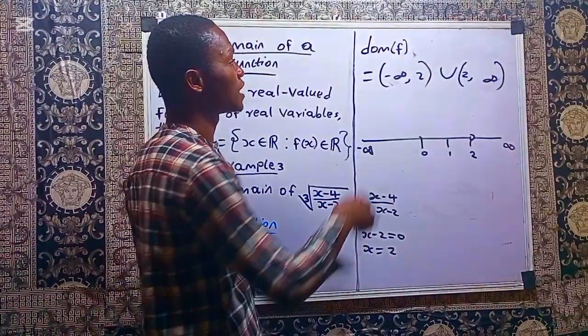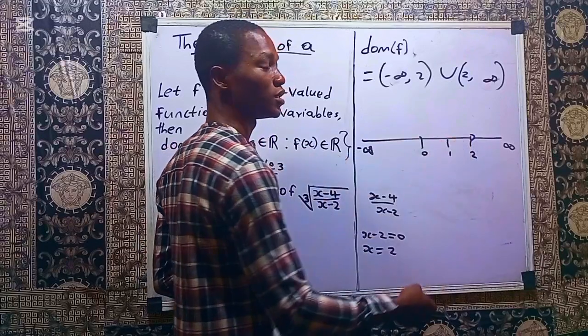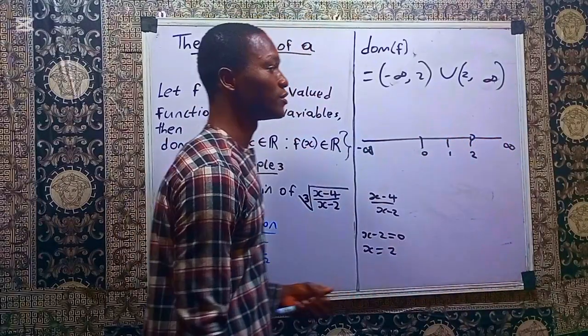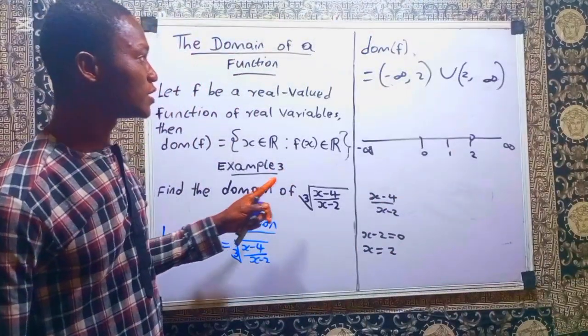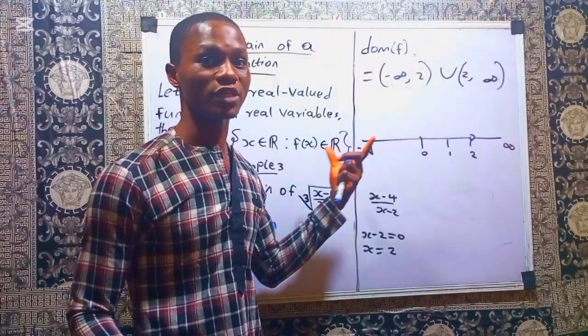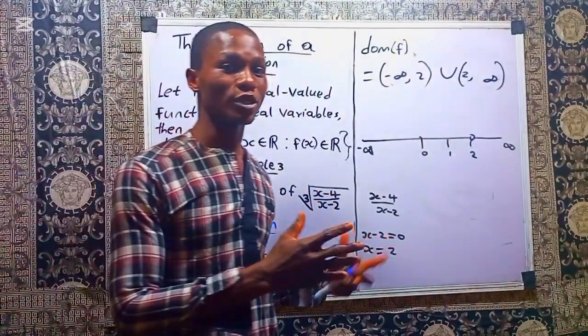So we are considering numbers between negative infinity and 2, and from 2 to positive infinity. 2 is not among them, right? It's only 2 we remove that will make this denominator 0. Other points will give you real numbers if you put them here. So that will be the domain of this function.